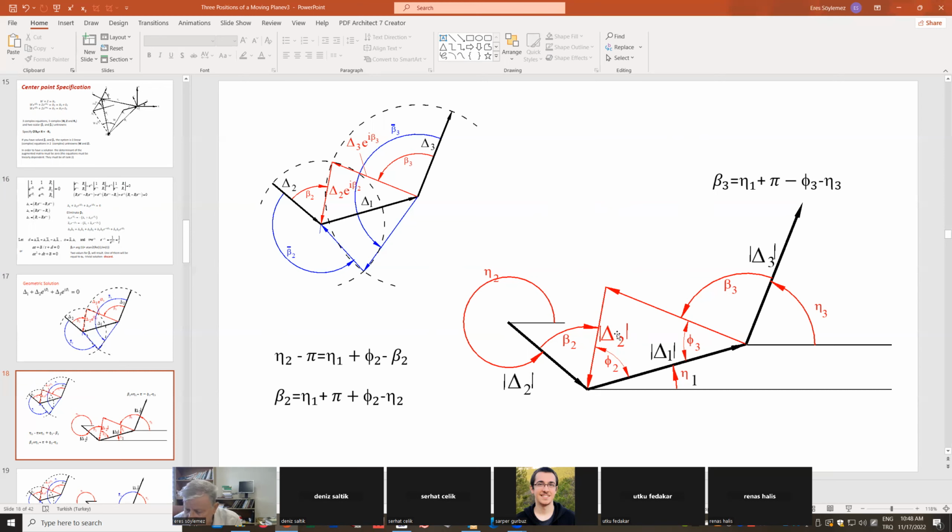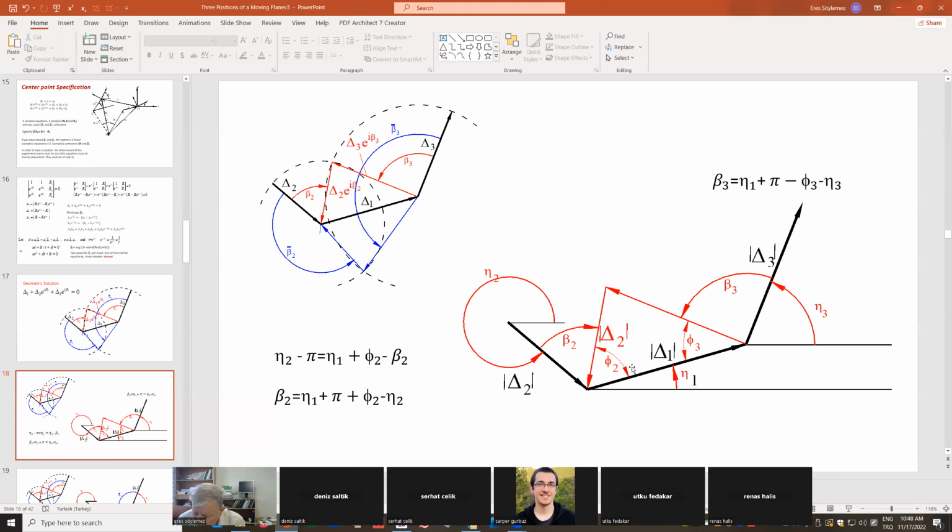Once I determine the magnitudes of delta 2, delta 1, delta 3, I have a triangle formed. Using the cosine theorem, I can determine this angle phi 2 and phi 3. And I know these vectors, so I can determine the arguments, meaning the angles formed with respect to the positive x-axis of these vectors, eta 1, eta 2, eta 3.